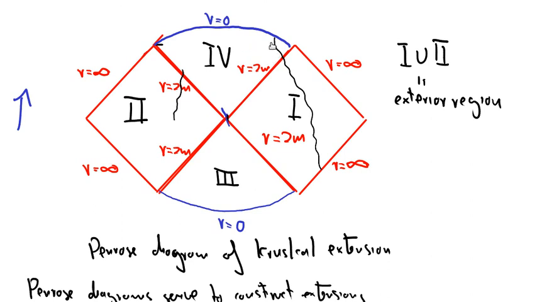So we can see very easily in this diagram that if you enter in region 3 and 4, you cannot return to the asymptotically flat regions. So that's what we were calling region 3 and 4, which correspond to what we call interior region, and it's an interior of a black hole. That's why we're using the name interior, okay.